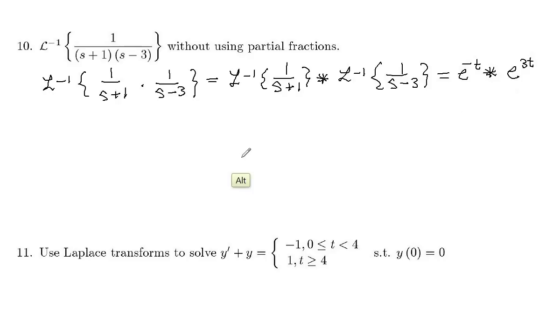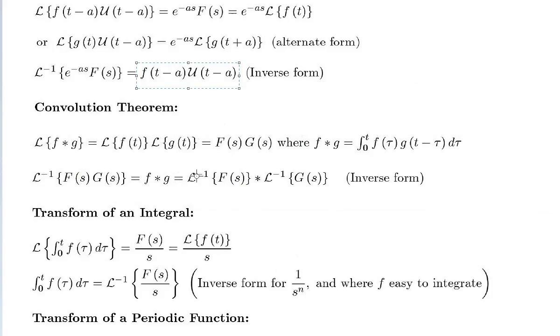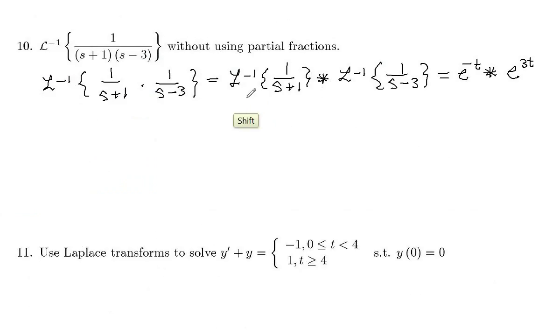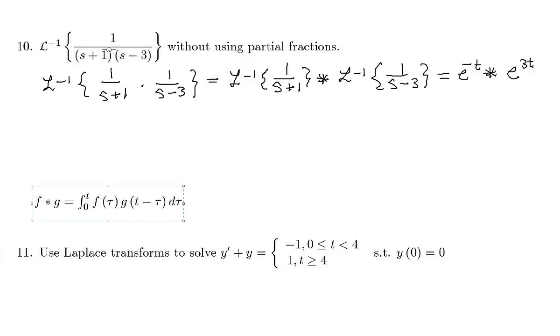And then remember what convolution is. The convolution of two functions, f star g, is this integral of f of tau, g of t minus tau. Let's go ahead and bring that over. Okay, so that's what we want to do. So we are going to do the integral from 0 to t.